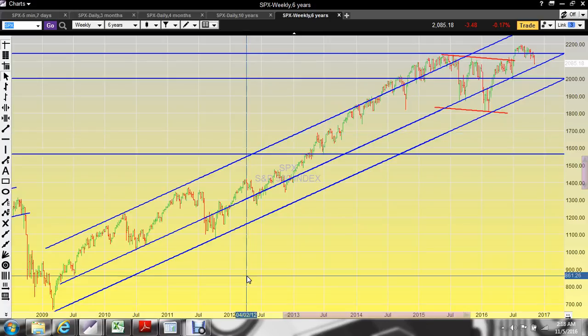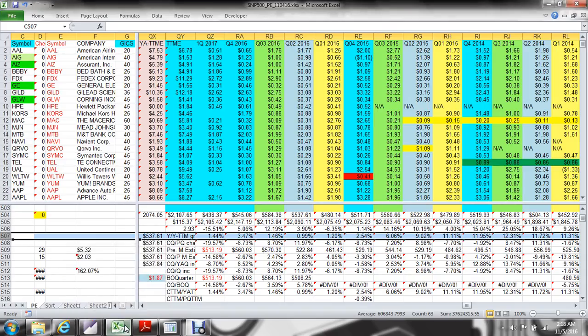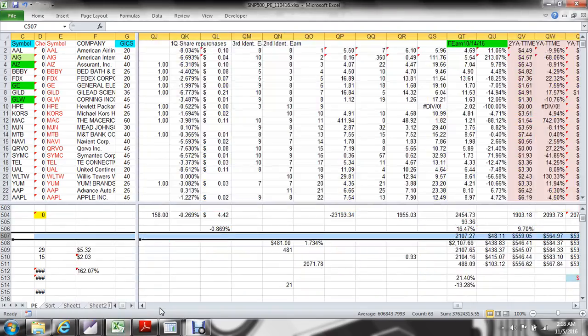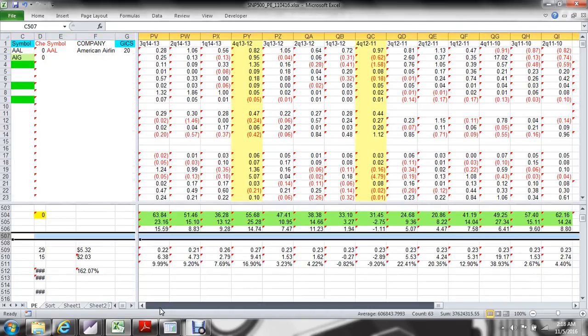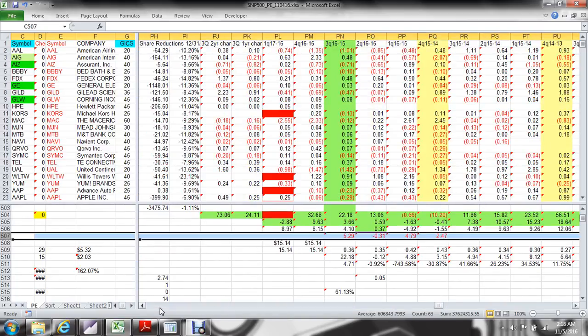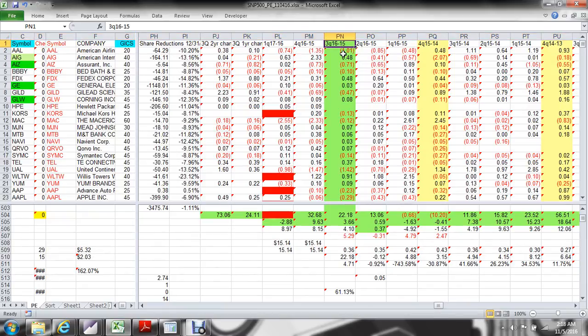Now, we're going to go back and look at these earnings again on a year-over-year basis. Here we have the third quarter. This is the difference of the third quarter in 2016 compared to what they earned in the third quarter of 2015.